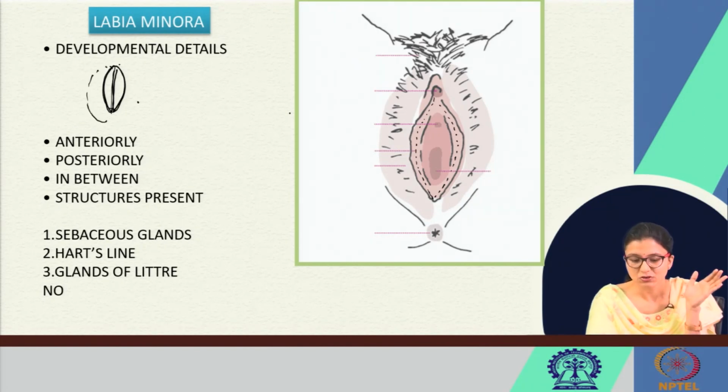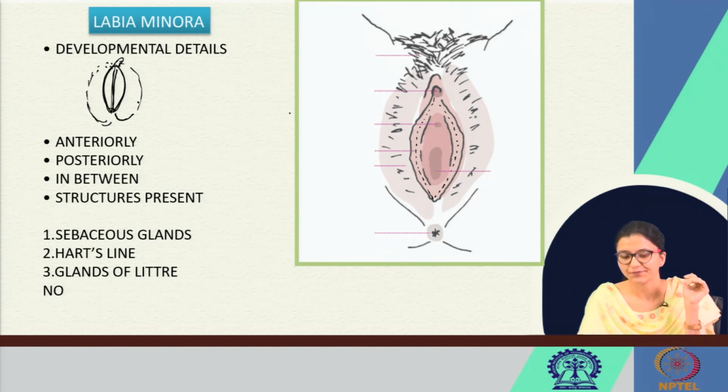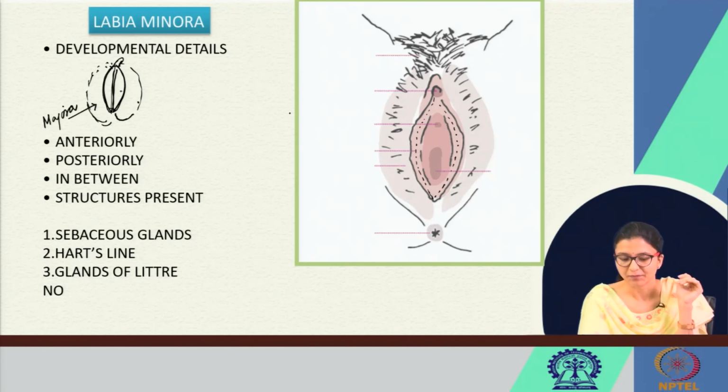From the genital swelling, which we have already talked about, develops the labia majora, and from the genital tubercle will develop the clitoris. So, this is labia majora, this is labia minora, and this is the clitoris.